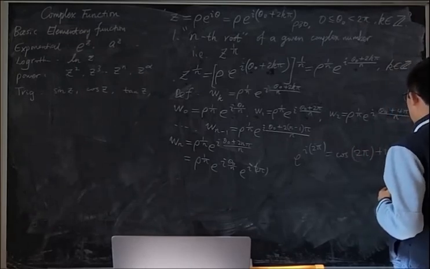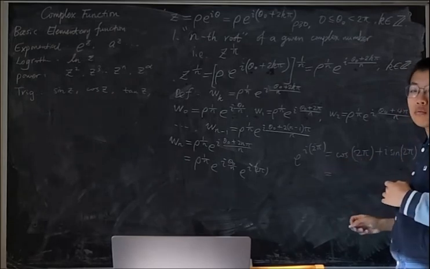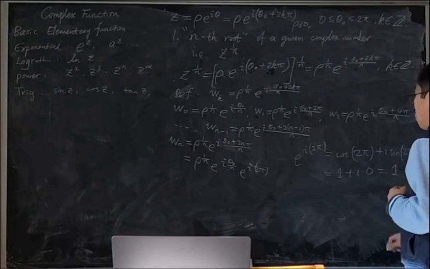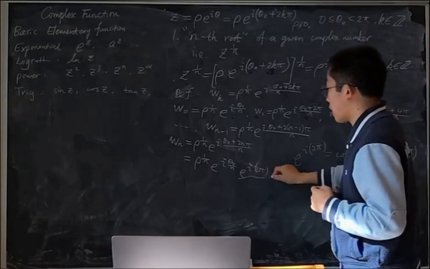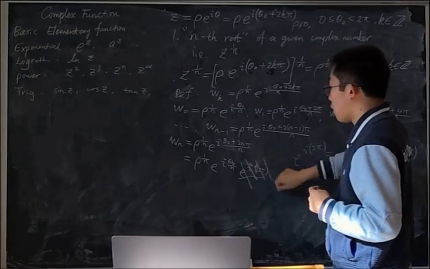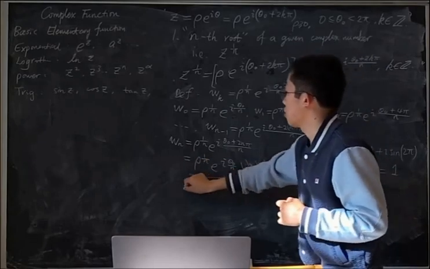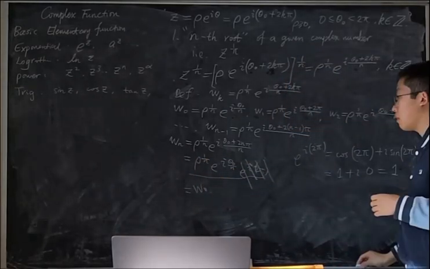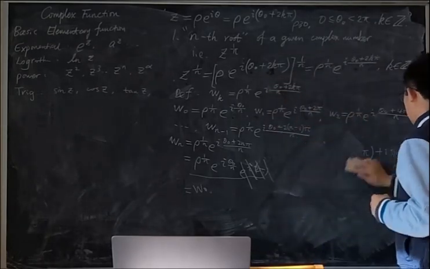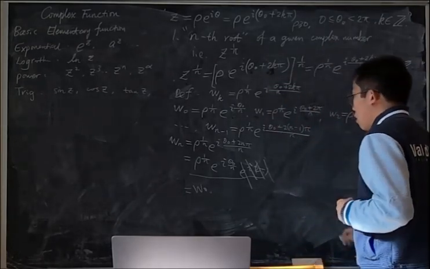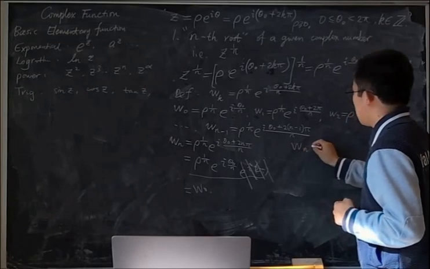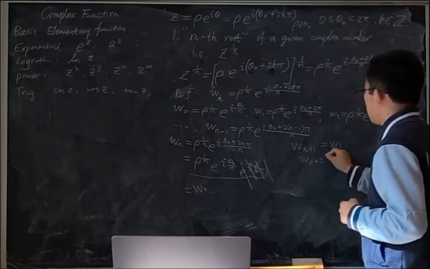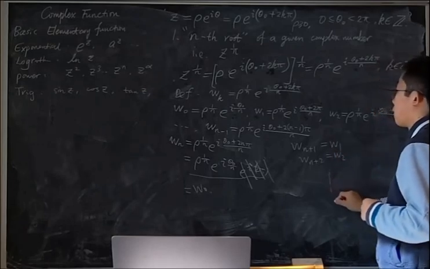So cosine 2 pi is 1, sine 2 pi is 0, so 1 plus i times 0, that is just 1. So this goes back to 1, and we can eliminate this one, and this goes to w naught. With a similar argument, we can figure out that w n plus 1 equals w1, w n plus 2 equals w2, and all the way.